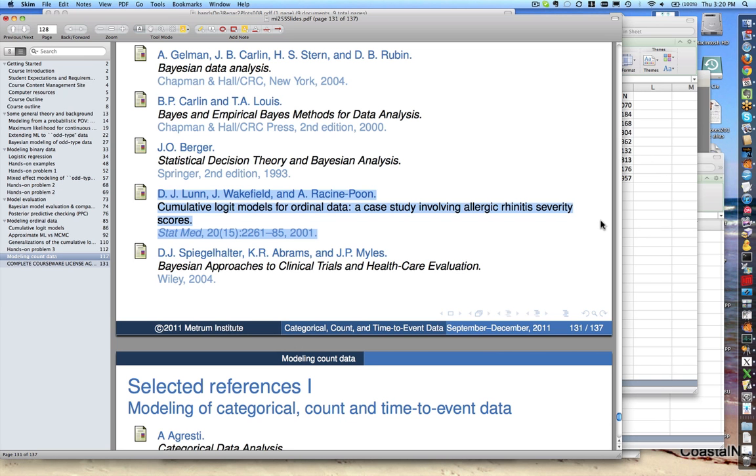They use a case study where they actually play around with some different things that amount to violations of the assumptions in the simpler cumulative logit. In particular, they do look at a particular type of violation of proportional odds. In addition, they go further to deal with a fairly simple approach for dealing with serial correlation on top of it. So that's one worth looking at.